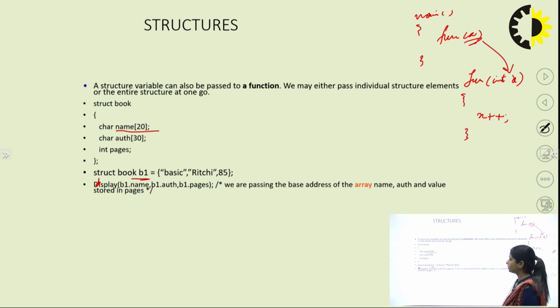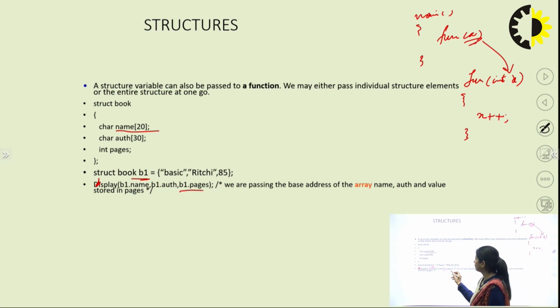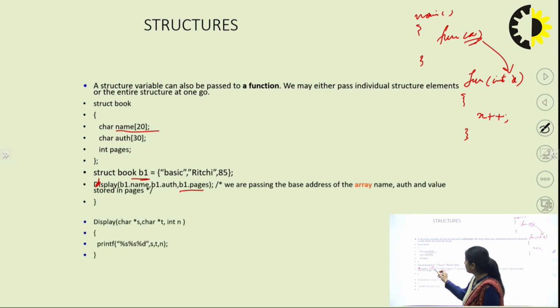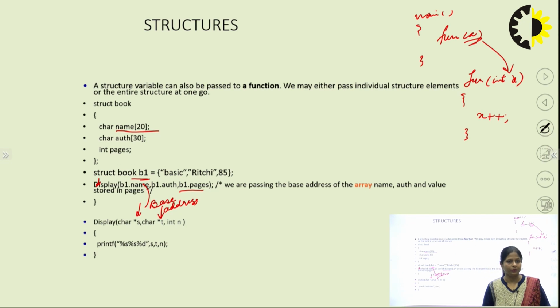Then author, again a character array, and then b1.pages. Because we are passing the base address, that's why we need to take character pointers over here, fine. So that's how we can pass the structure elements in a function.